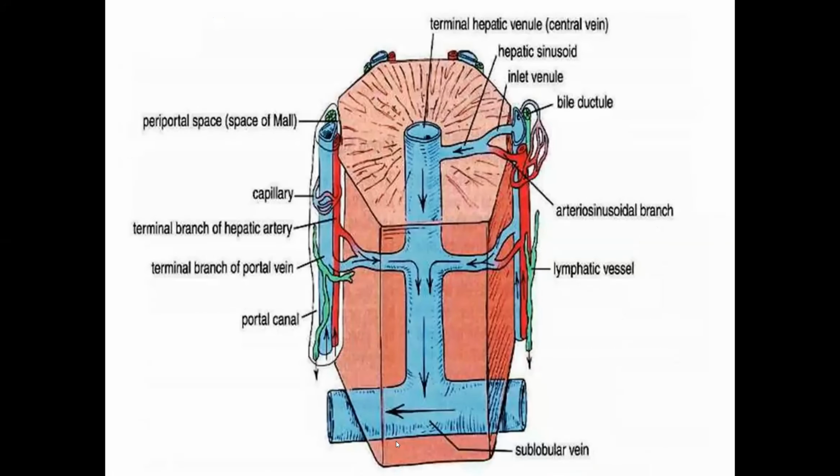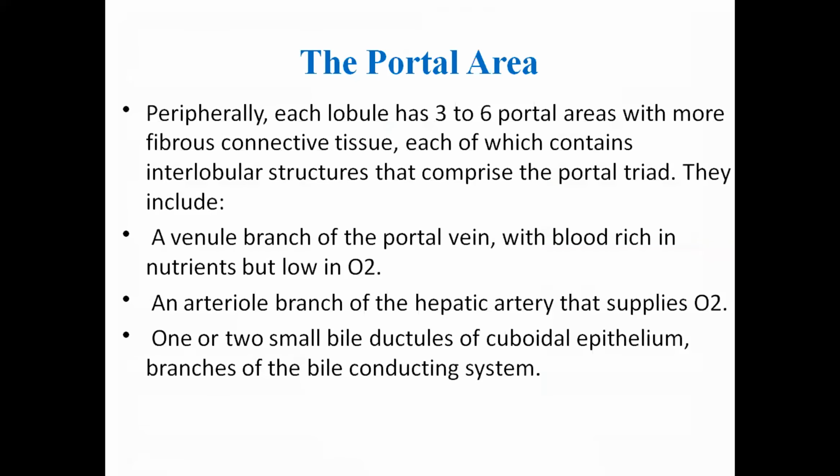Here is a closer view. Hepatic sinusoids receive blood from the terminal branches of the portal vein and hepatic artery, and it flows towards the central vein, sublobular, then hepatic, and then the inferior vena cava into the right atrium of the heart.